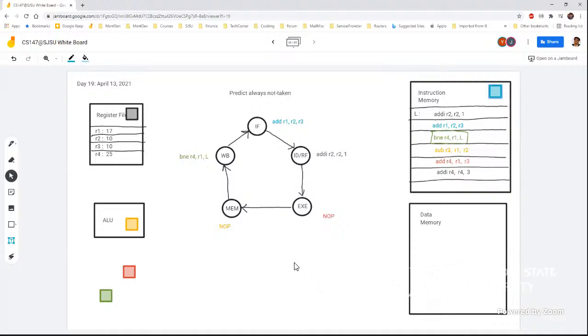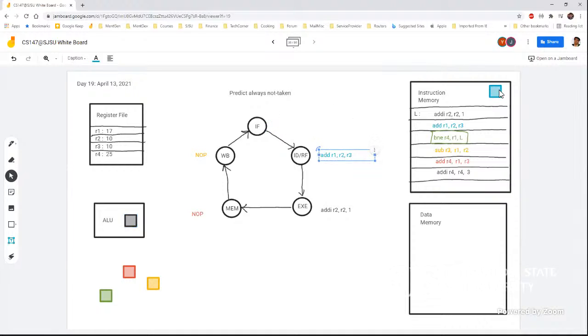And then on the next cycle, what will happen? This is done. This NOP will move here. This NOP will move here. This will be in the exe, so your exe will start occupying this one.